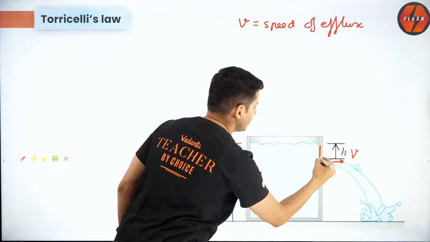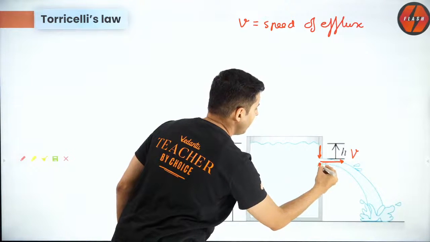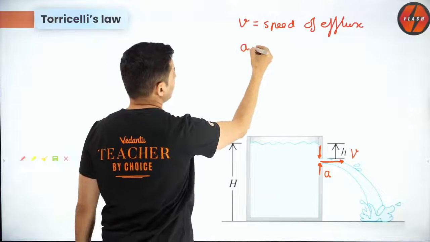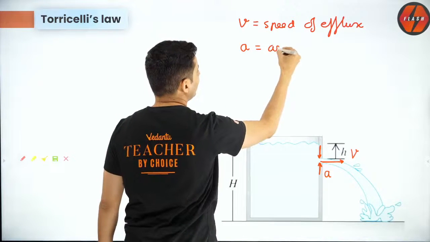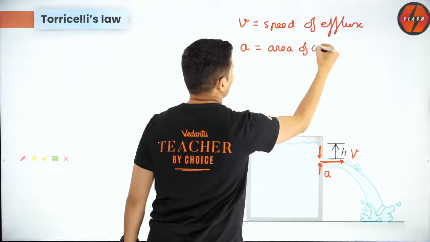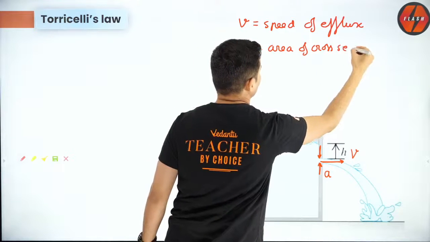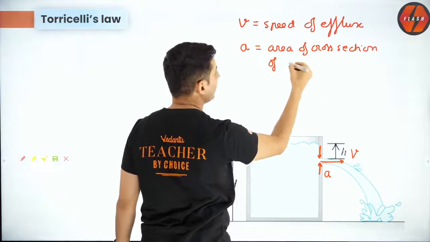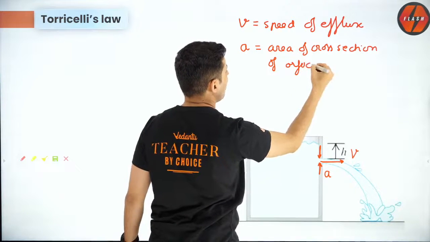Then the next thing that you should know, there will be a small opening. That opening has an area a. So a is the area of cross section of that small opening, or sometimes it is just called an orifice.